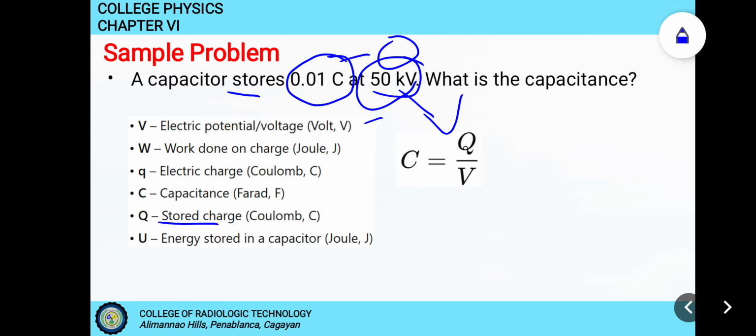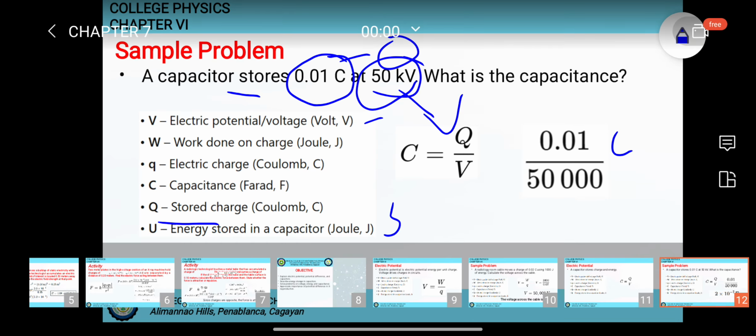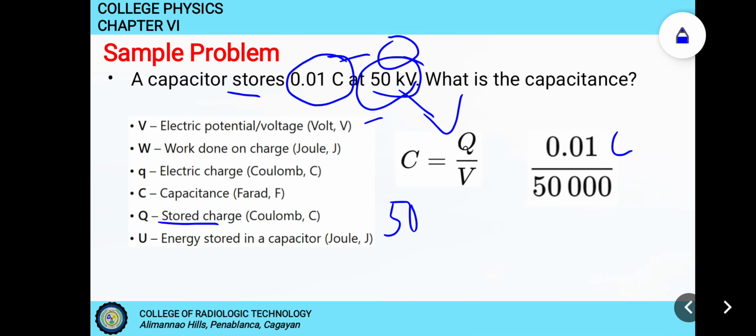So substituting these things, class, we have 0.01 coulomb and we have 50 kilovolts. Take note that we have 50 kilovolts times how many volts do we have in 1 kilovolt?